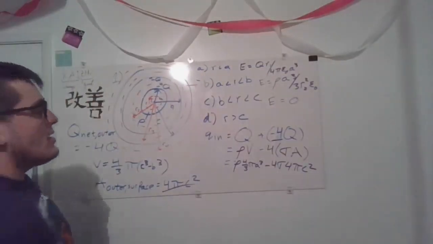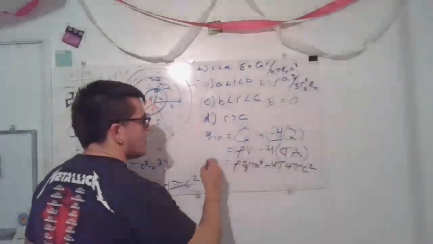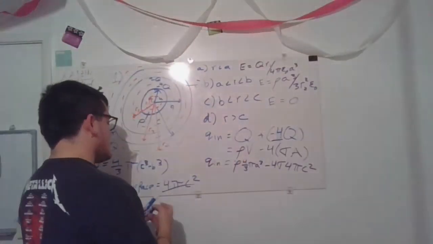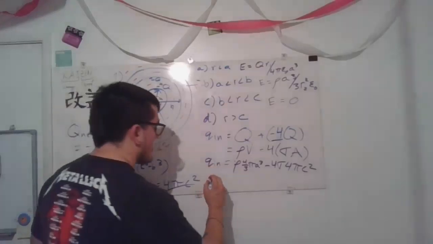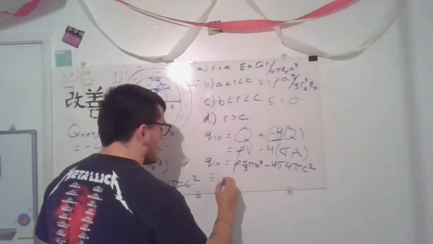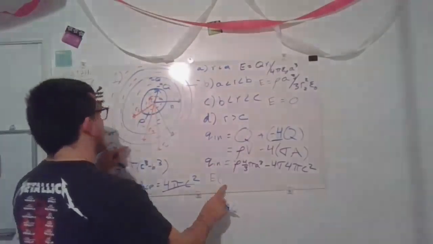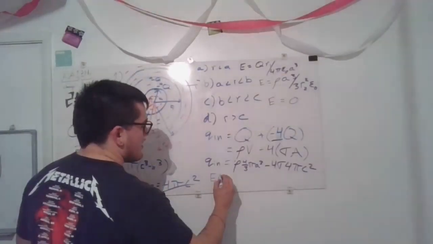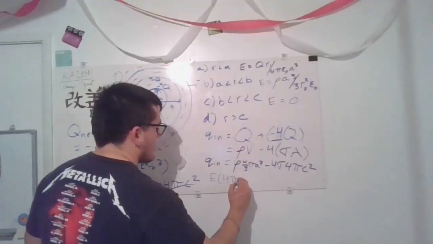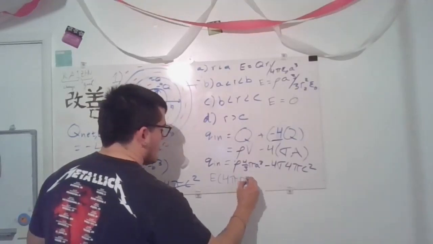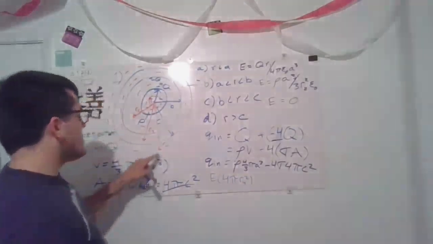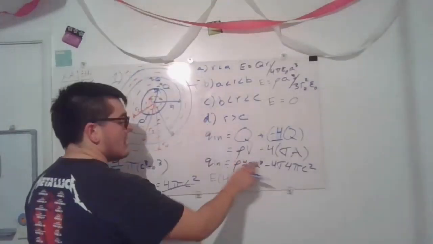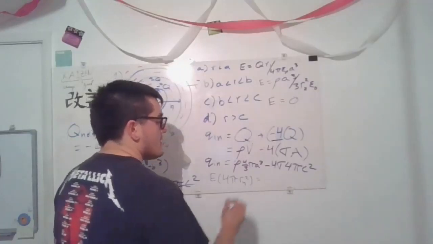So there you go. This is literally your total Qn. And don't forget epsilon naught. So now I have to write the whole thing. Again, what is this? This is going to be the area of the Gaussian surface, because that's R4. That's where I'm at. It's going to be equal to this whole entire thing.